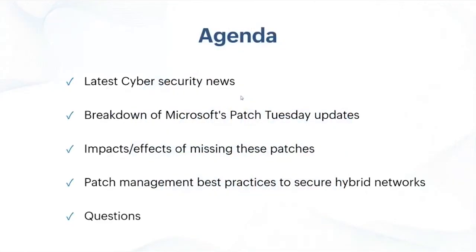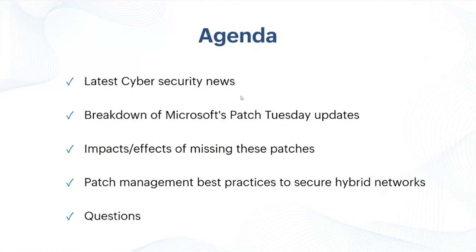So let's take a look at the agenda of today's webinar. At first, we'll discuss the latest cybersecurity news that made the headlines across the world. Following that, we'll have a detailed breakdown of July 2022's Patch Tuesday updates by Microsoft. After that, we'll be talking about the impacts and the effects that missing these patches can have on the systems.